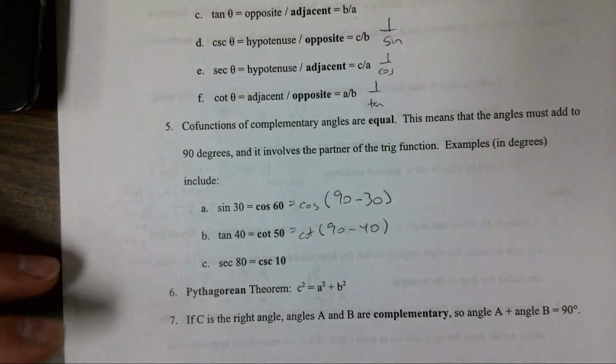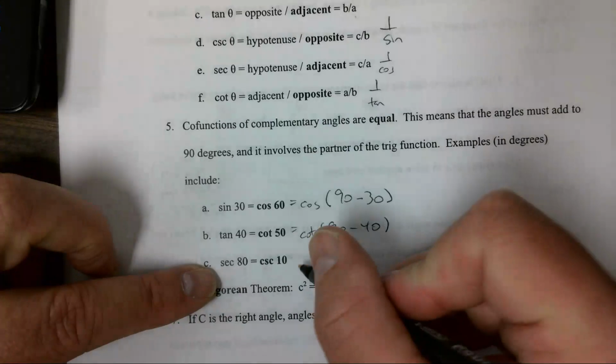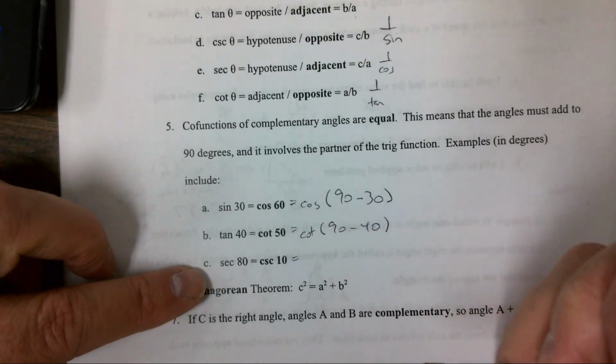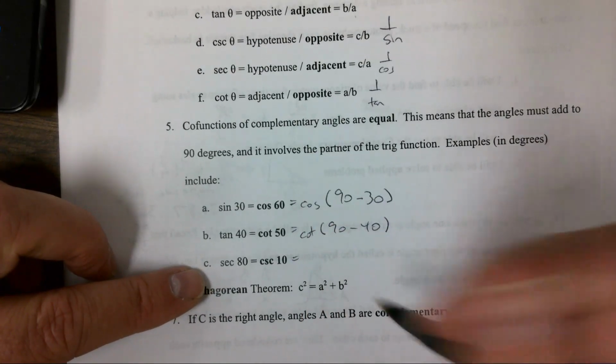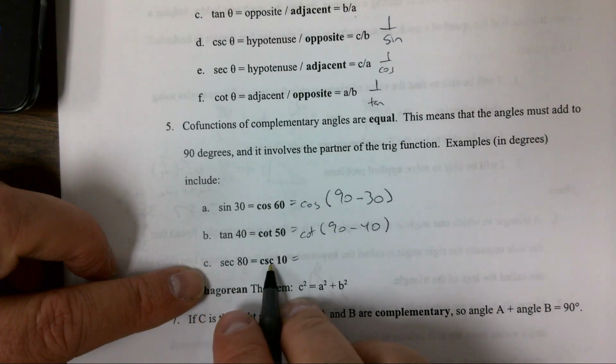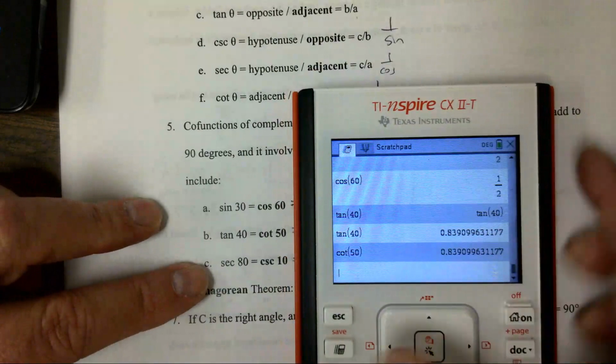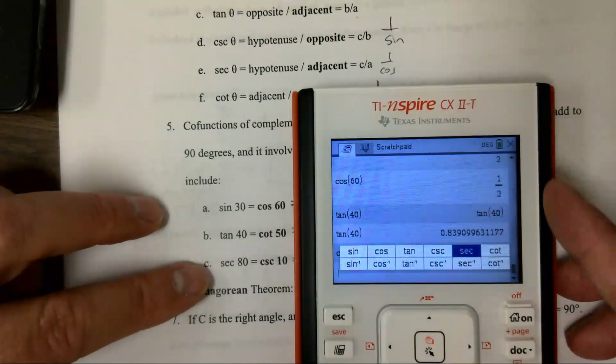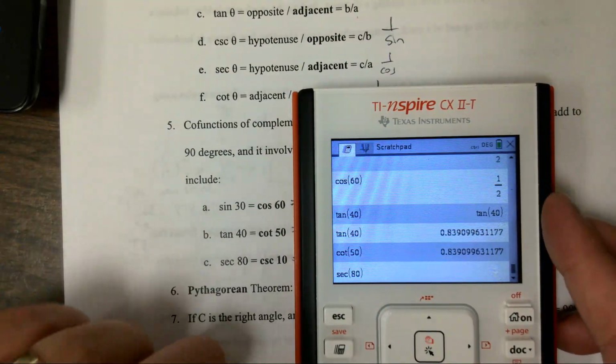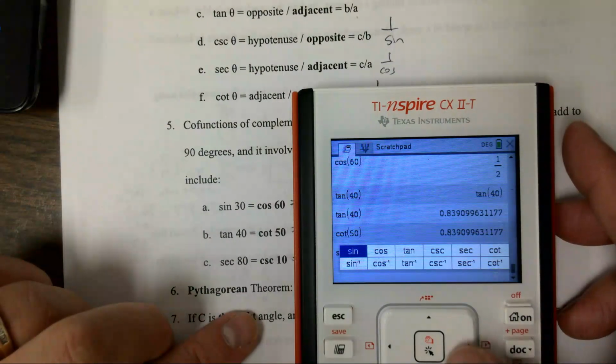So that's how these work. Now that one looks a little weird. It actually may be right though. Let's double check. Secant 80, cosecant 10.